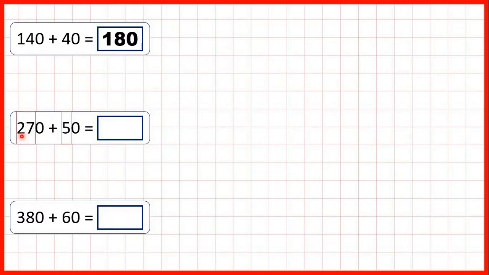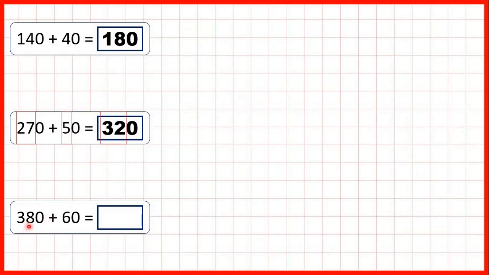So that means that our hundreds digit is going to change as well. So what we can do is take our hundreds and tens together and work out 27 plus 5. That's 32. So our answer is 320, because the ones digit stays the same, so it's still 0.